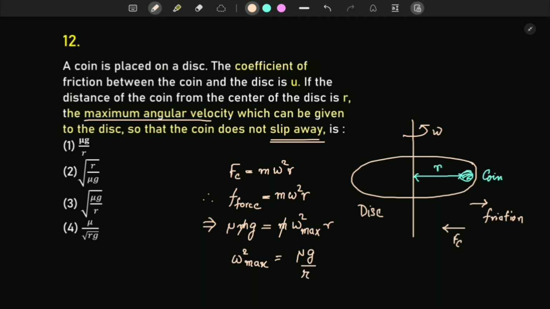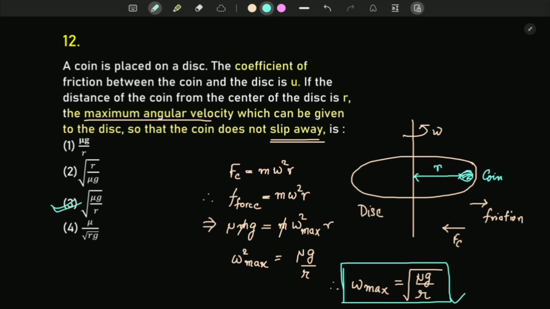So ultimately I will get omega max, maximum angular velocity, equals root of mu g by r. I think this is option number 3, root mu g by r. So this is the right answer to this question.